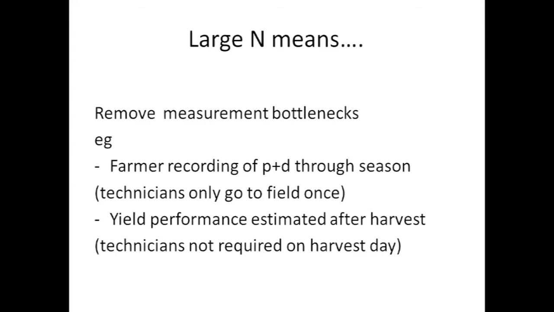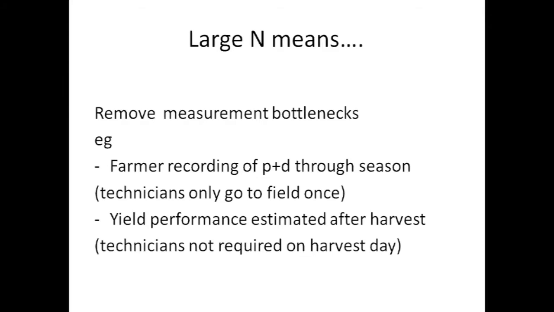So, for example, if you want to record pests and diseases on crops across large numbers of farmers, if technicians are doing that alone, they're probably only going to be able to go to the field once. And yet, understanding pests and diseases, you often need to be able to record things throughout the season. It matters when the pests occur, not just whether they occur.